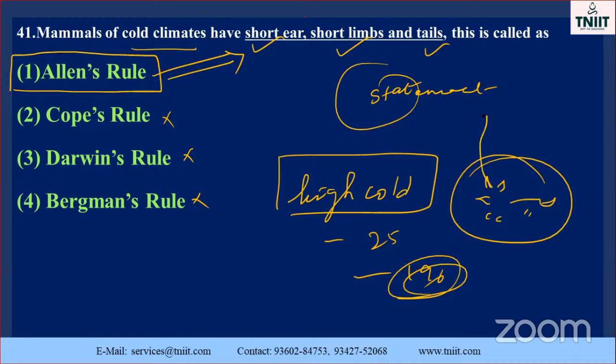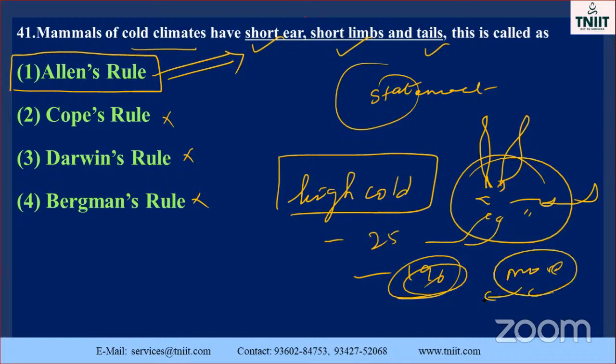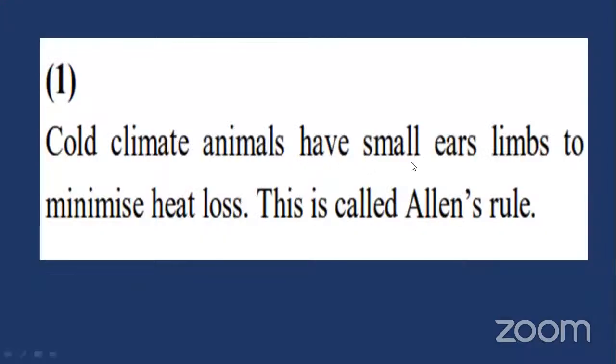Suppose it has a large ear, large tail, large leg, what happens? They need more energy. So they have to hunt more food, isn't it? It is not possible. That's why the morphological changes also occur. This analysis was given by Allen. So the rule is called Allen's rule. See this one: cold climate animals have small ears and limbs to minimize heat loss.